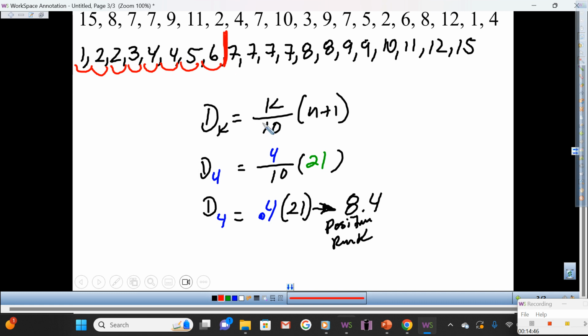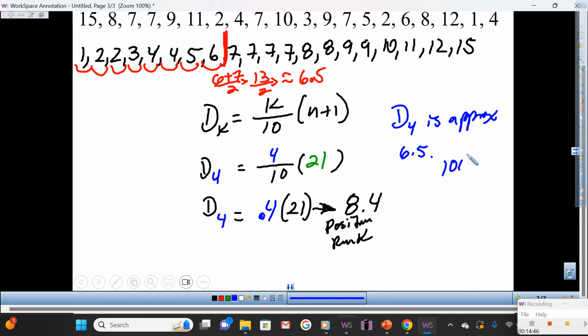So 6 plus 7 divided by 2, and that gives us 13 divided by 2, which is approximately 6.5. Therefore, D4 is approximately 6.5.